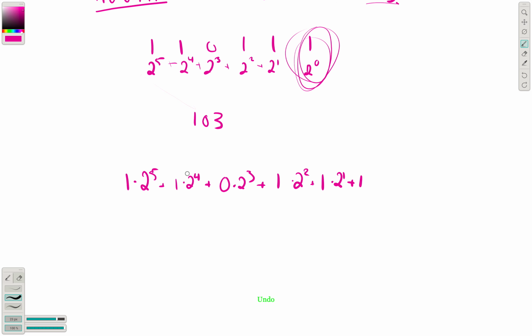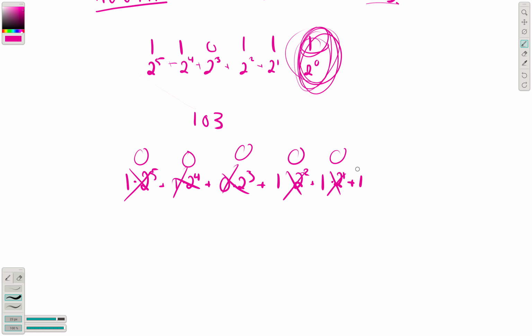So if I want this first digit here, this 1 here, because I want the first part of my string, if I mod this by 2, all of these parts can turn to 0. And guess what I'm left with? Bingo.